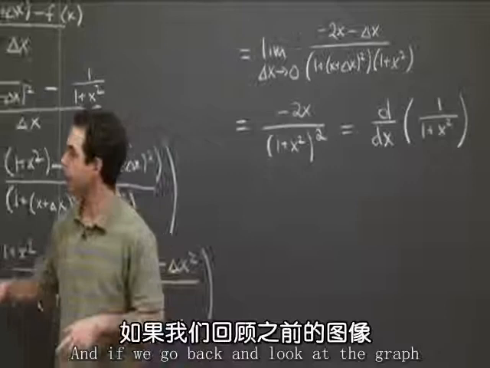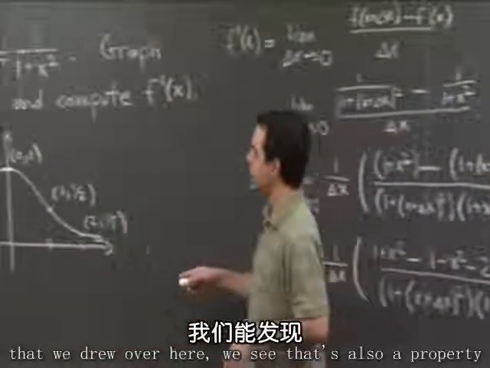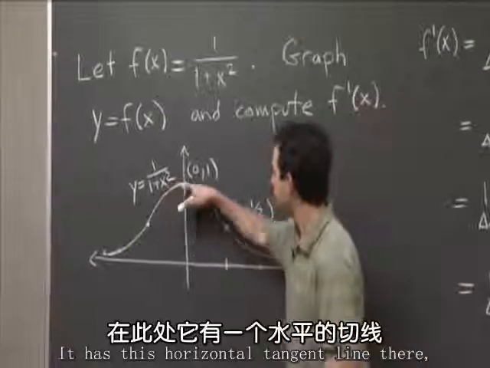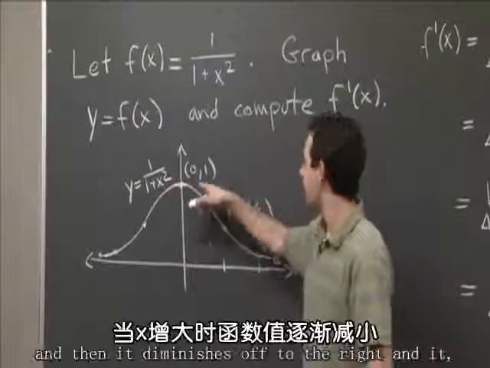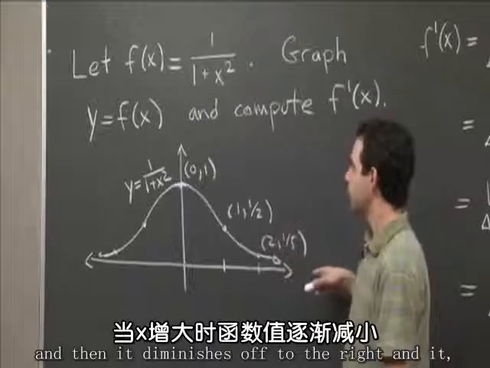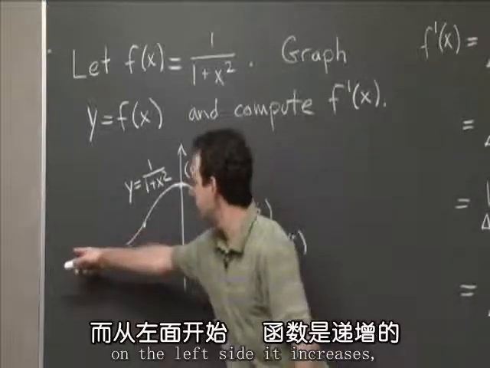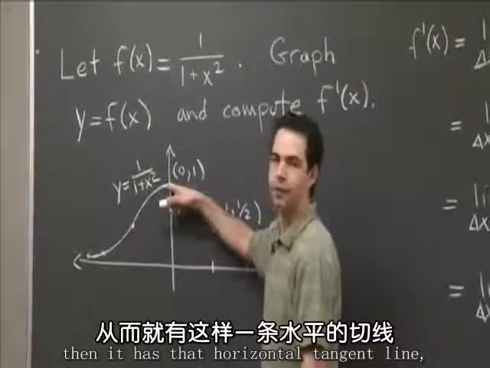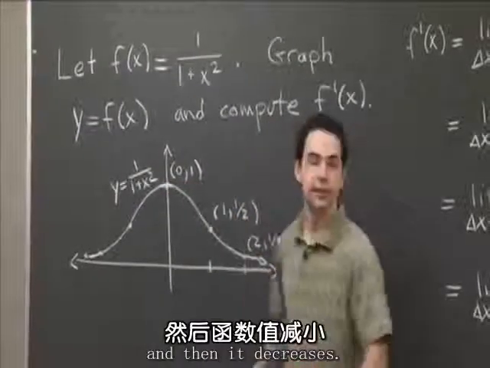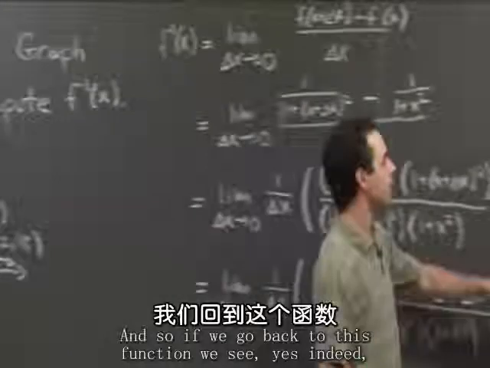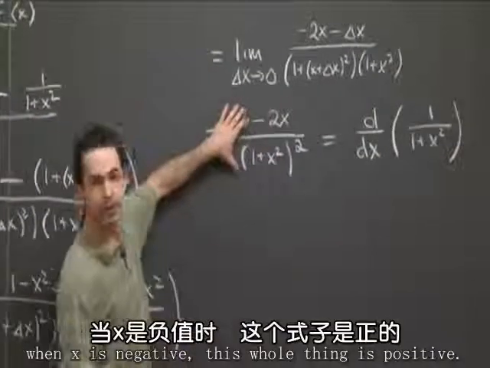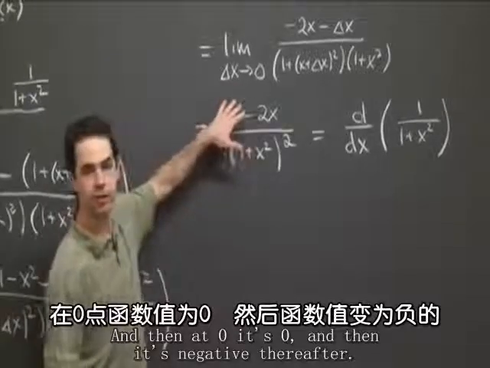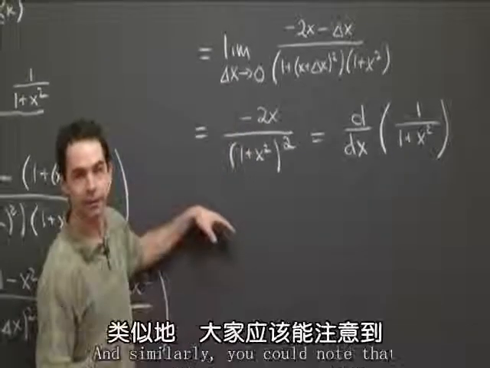And if we go back and look at the graph that we drew over here, we see that's also a property that this graph has, right? It has this horizontal tangent line there, and then it diminishes off to the right, and on the left side, it increases, then it has that horizontal tangent line, and then it decreases. And so if we go back to this function, we see, yes, indeed, when x is negative, this whole thing is positive. And then at 0, it's 0, and then it's negative thereafter.